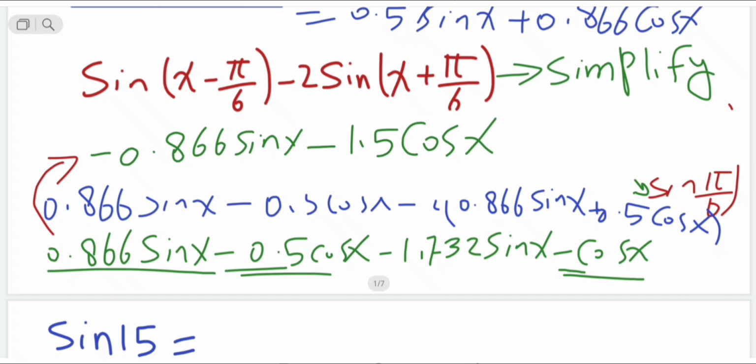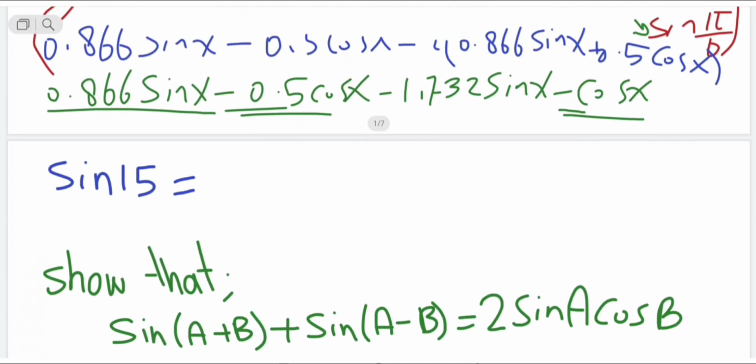Okay, let's go to the next question. Now they gave you sin 15. What does it mean? Because we are learning addition and subtraction formulas, we will try to change it into an addition or subtraction form.